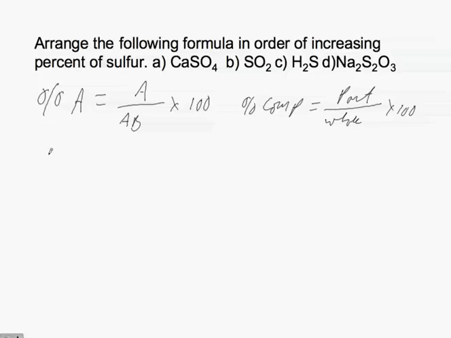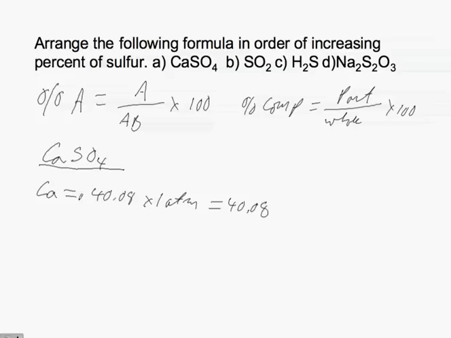So the first one we have is calcium sulfate. What we want to do is find out the total molecular weight or formula weight of calcium sulfate. So the way that we do this, we say that Ca is equal to 40.08 times 1 atom of calcium, which gives me 40.08.